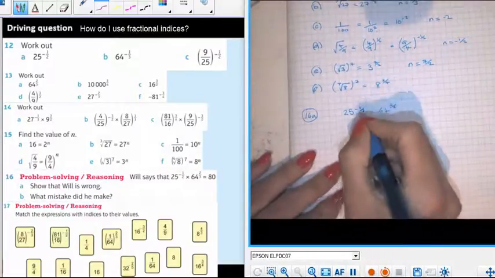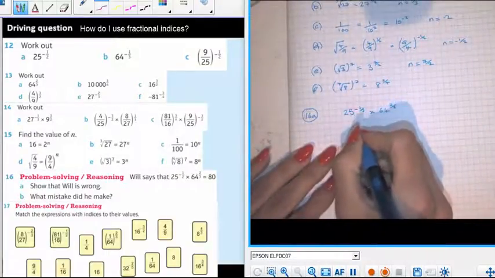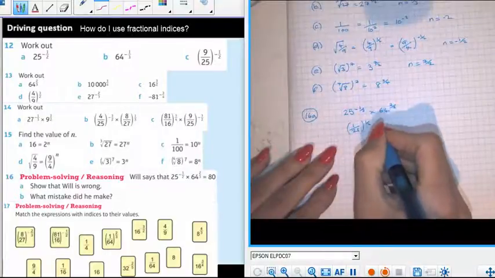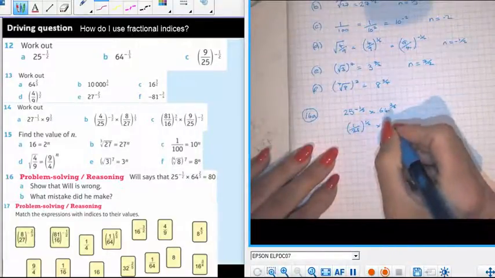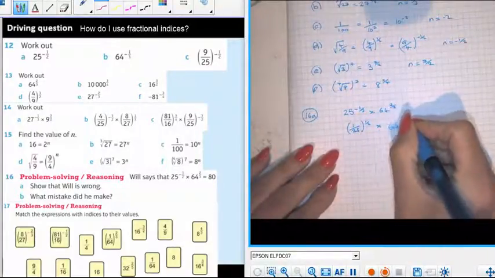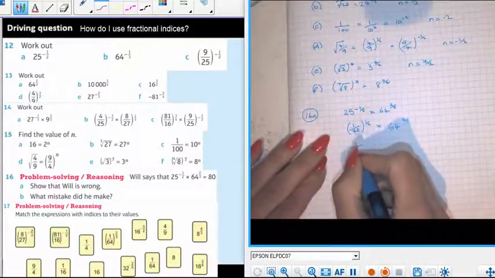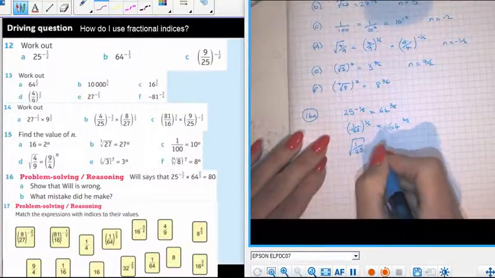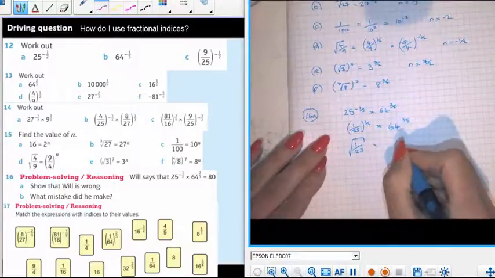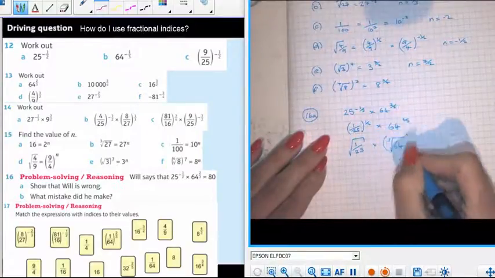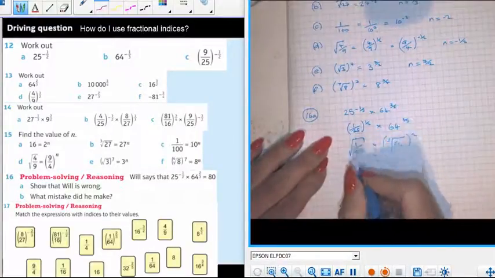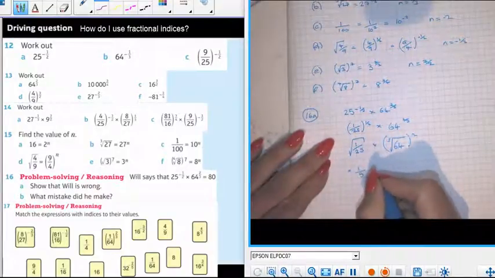So 25 to the power of negative a half is the same as 1 over 25 to the power of a half, multiplied by 64 to the power of 2/3. So power of a half means square root. Power 2/3 means we cube root and square. Square root of 1 over 25 is 1 over 5.